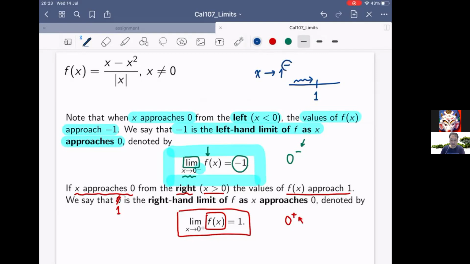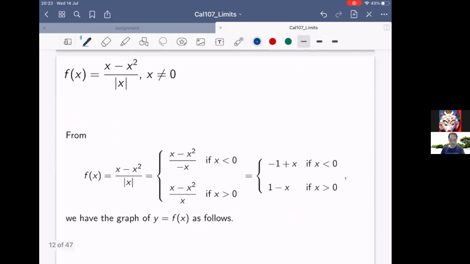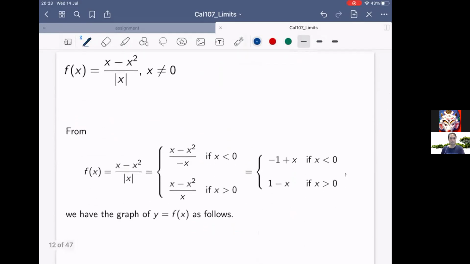This is not the sign of a number, it's a symbol saying that it is approaching from the left or from the right. So we can have x to -2 and then plus there. It means that -2 is here, and your x approaches from the right hand side of -2.